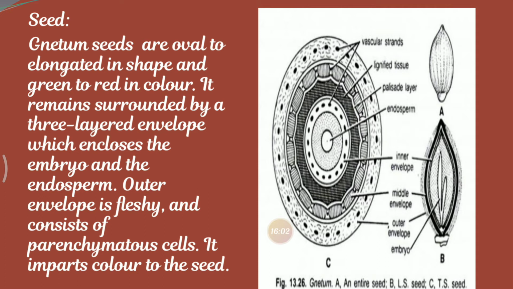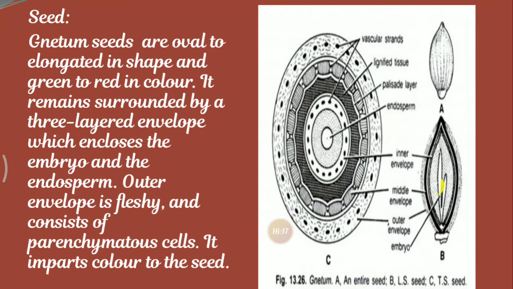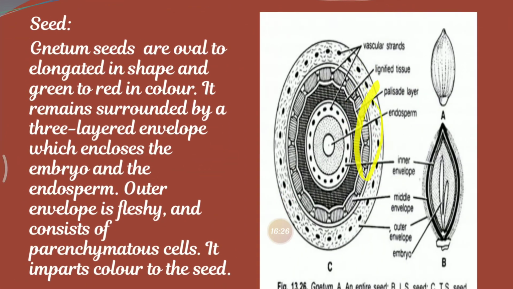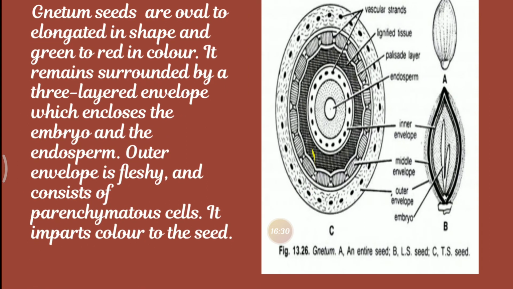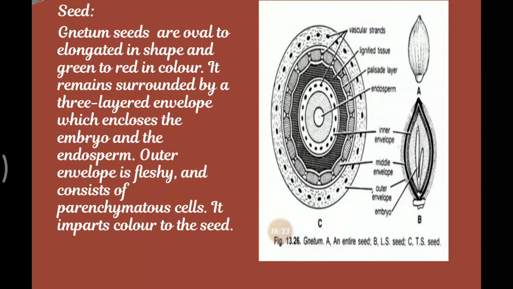Especially in Gnetum, seeds are oval to elongated in shape and green to red in color, as I told you all. It remains surrounded by a three-layer envelope which encloses the embryo and the endosperm. Here you can see the embryo inside the seed. In the LS of the seed it is very clear, and the endosperm. The outer envelope is fleshy and consists of parenchyma cells. We can see the outer parenchyma cells here, and it imparts color to the seed.